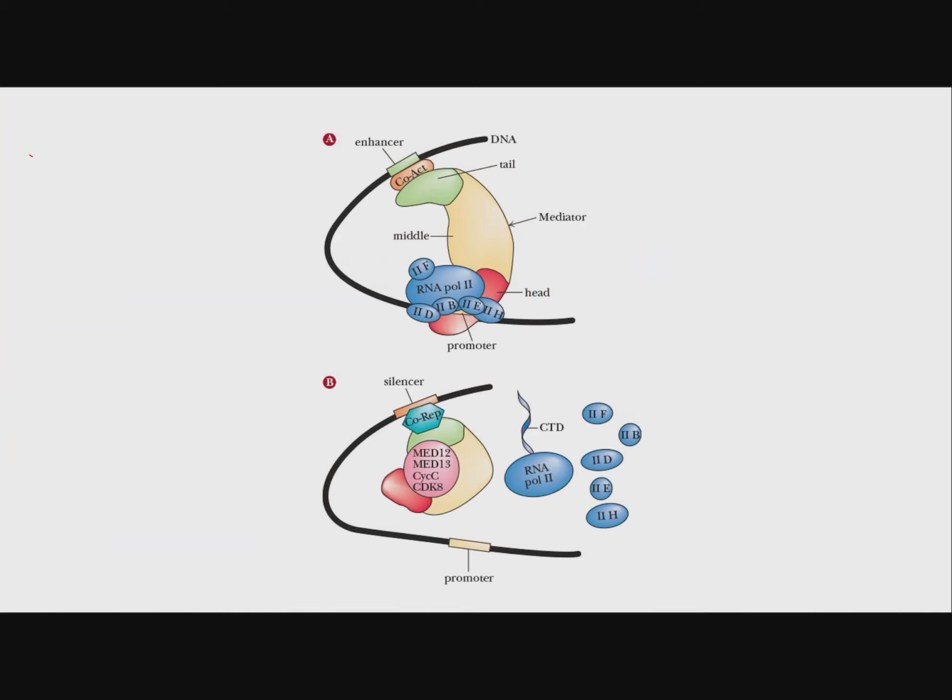Now, as far as regulation of gene expression goes, we have things called mediators. Now, mediators are these giant protein complexes that actually bridge the promoter regions of the DNA with general transcription factors.